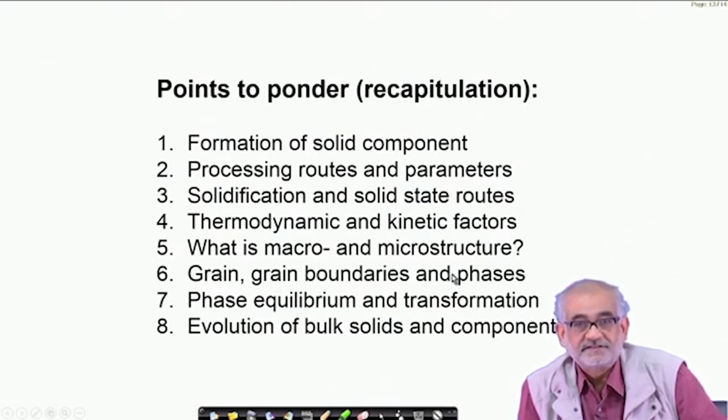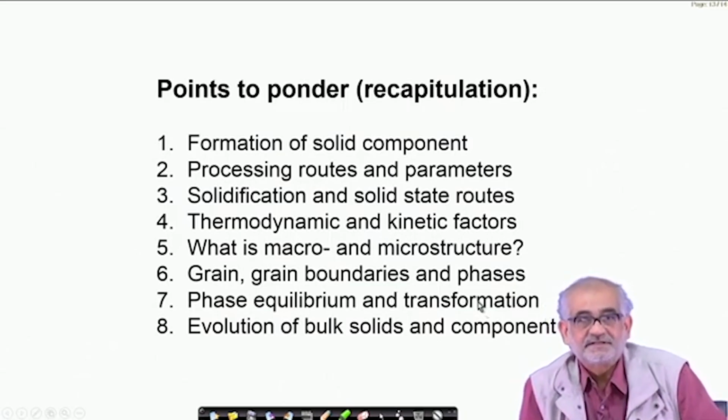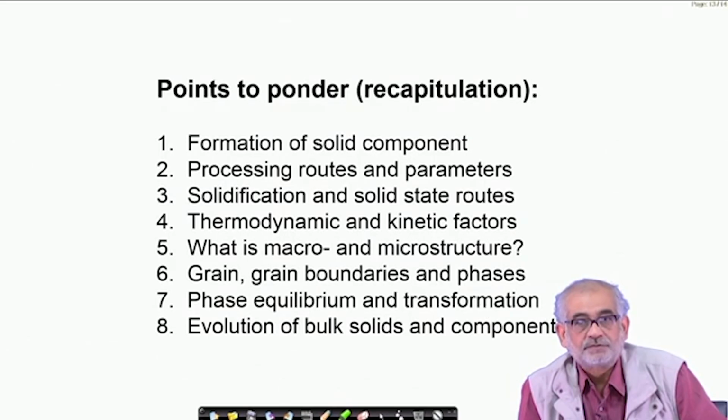What we reveal in terms of microstructure comprises grains, the boundaries, and the shape, size, morphology, and volume fraction of the phases. These phases or phase aggregates are embodied in the concept called phase equilibrium and phase transformation, which is primarily governed by the stability index called Gibbs free energy, or to be more precise, the chemical potential of a particular species or component in a given phase or in a given phase aggregate.